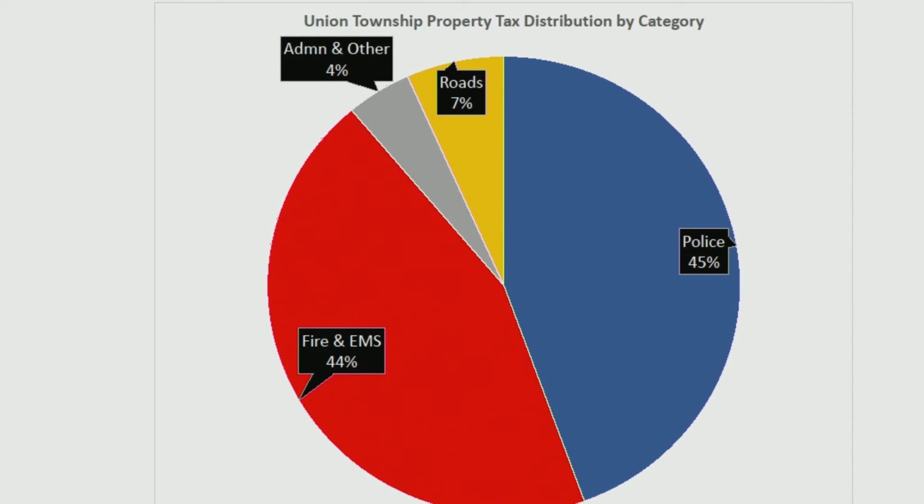And then that gray wedge, the smallest piece of it, that's 4%, and that's administration and other. That would include parks, cemetery, zoning, anything we're throwing additional funds into, and the administrative cost. So that's where we are spending your money in Union Township.